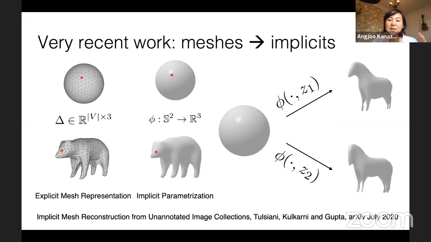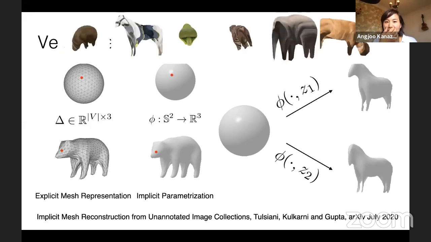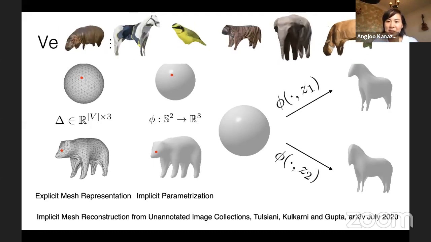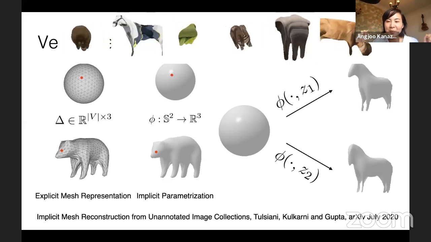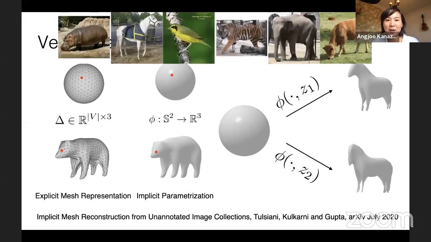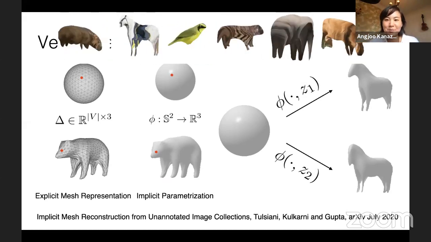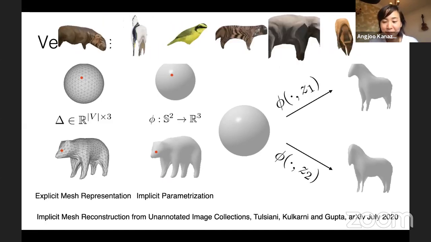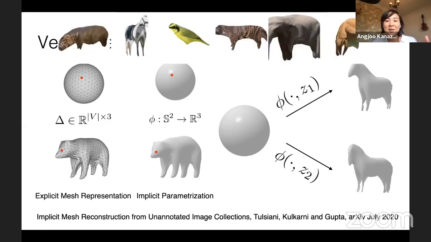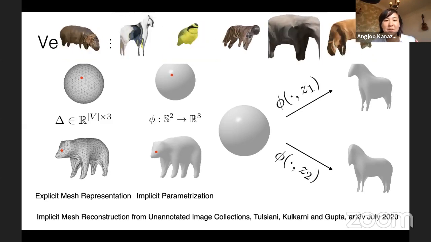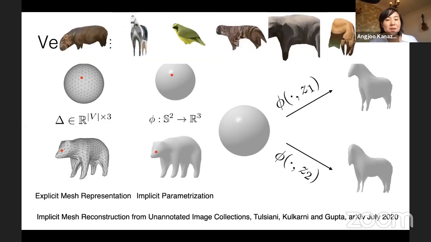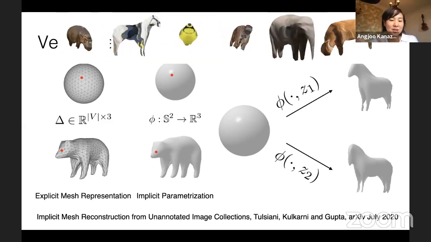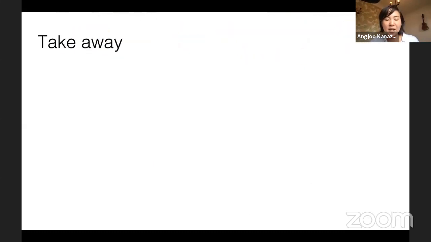Using this, you can similarly learn a shape deformation basis like CMR. This work also doesn't use key points and can be applied to all these very cool animal models. It can reconstruct elephants and giraffes, which is super cool. That's a really nice connection with all these other representations. It's nice to know that you can still learn different deformations using different representations.